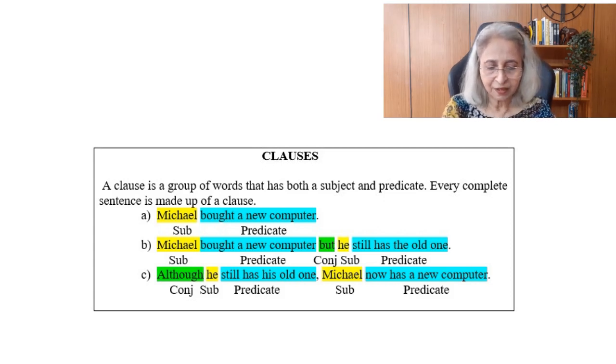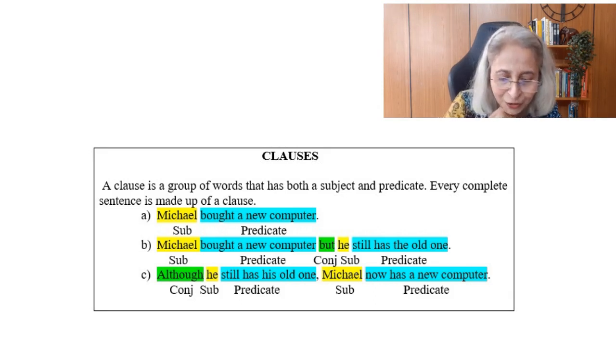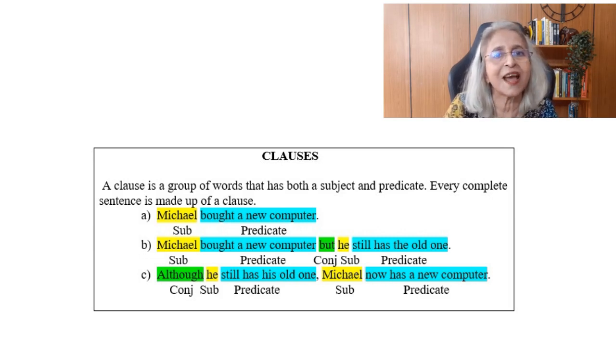Although he has his old one, and I have to go on. And so I add another clause to it. Michael now has a new computer. So the first part of the third sentence that I just read cannot stand by itself.